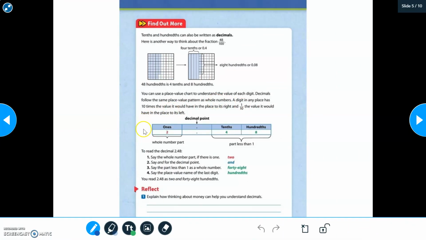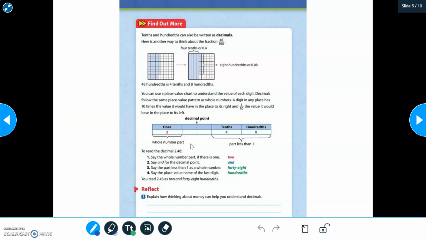Oh, look what we have. We have a place value chart. Remember I talked about those whole numbers and that place value and that placeholder? This is exactly what I'm talking about in the place value chart. So let's think about it.